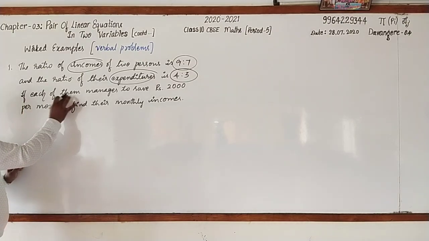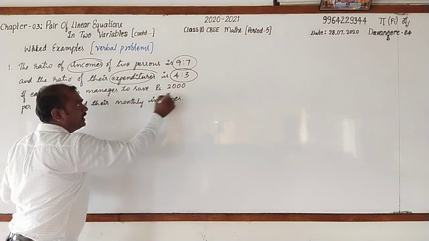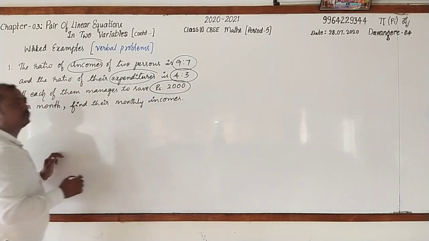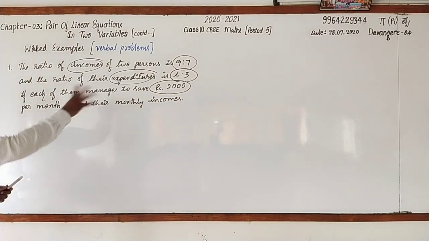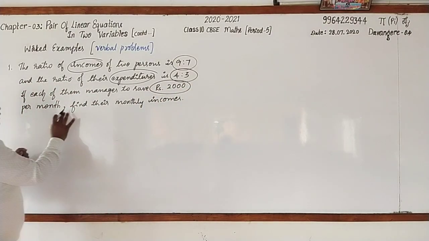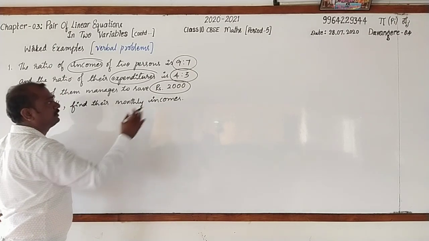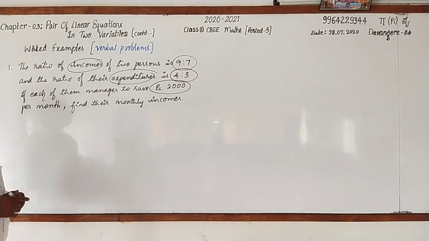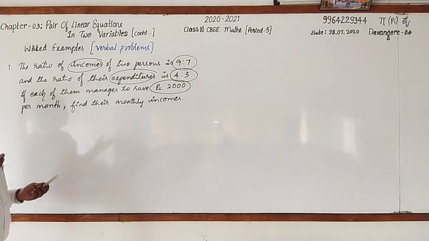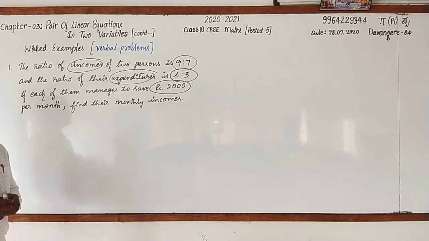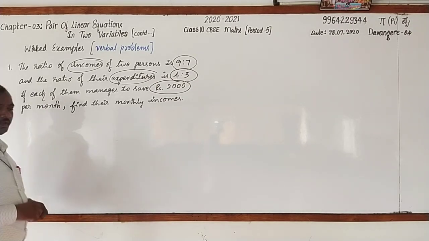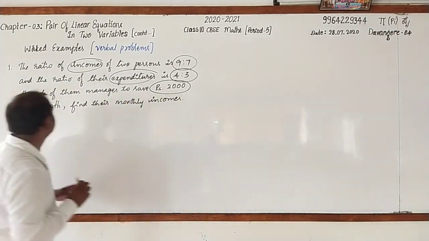If each of them manages to save rupees 2000, each will save that much amount for 1 month, then we have to find out their monthly incomes. Even they may ask you to find out the monthly expenditures as well. Anyhow, let us go for solving.